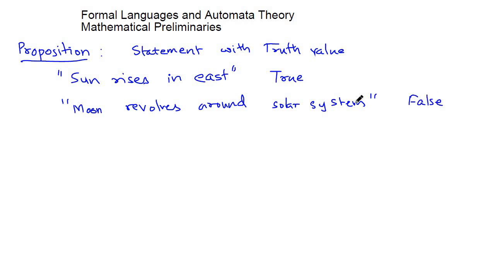Sometimes we have a proposition with an argument. For example, consider P(x), a proposition that is dependent on this x, and the proposition is: x is even. So for whatever x you take into consideration, whether that x is even or not, that particular truth value is assigned to the statement.